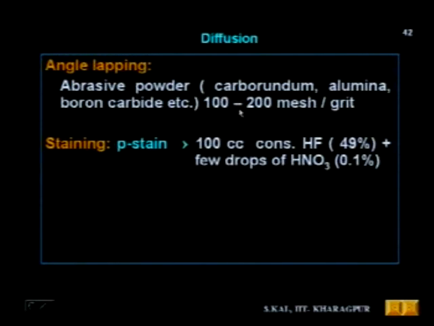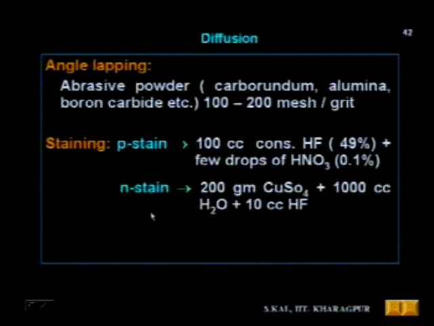After abrasion, you get the shape which I have shown in the last diagram, and after that in the diffused region you can put a stain solution. There are two types of stain solution available, one known as P stain, another known as N stain.